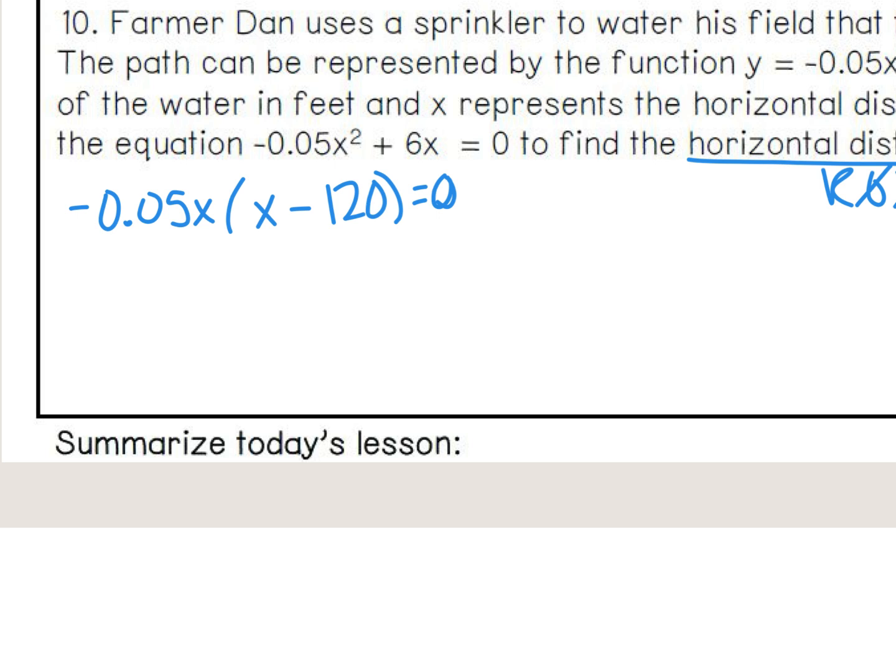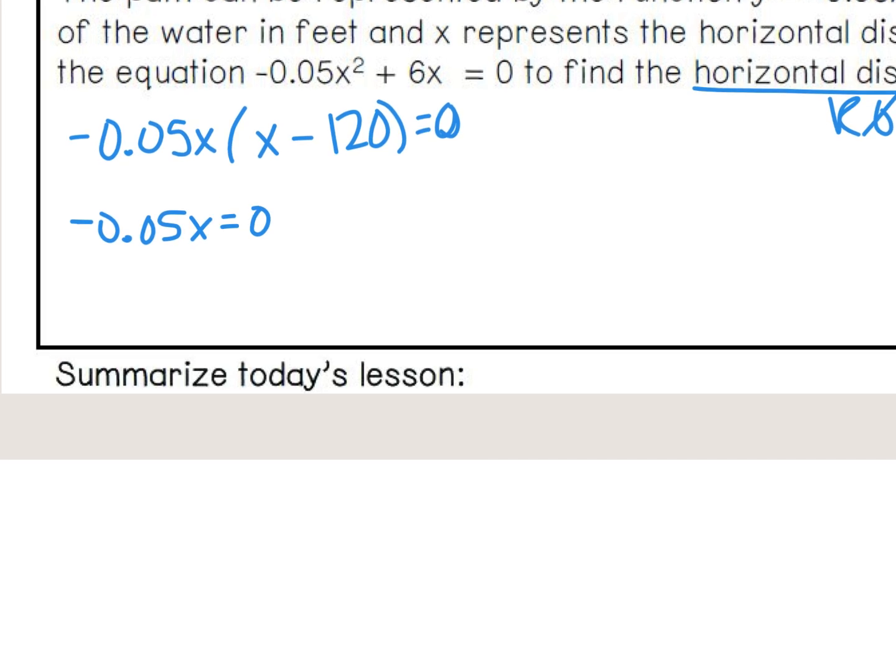So if we set both of these equal to 0, well, how do we solve this first one? We add, subtract, multiply, or divide? What times 0.05 is 0? Plus 0.05. It's just 0, right? Anything divided by 0, right? 0 divided by 0.05 is 0.